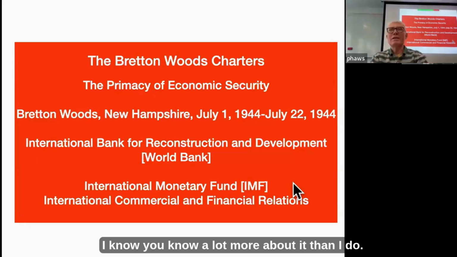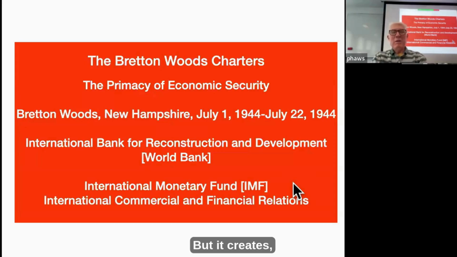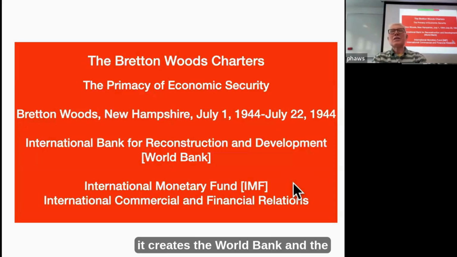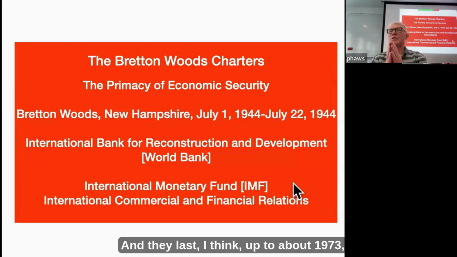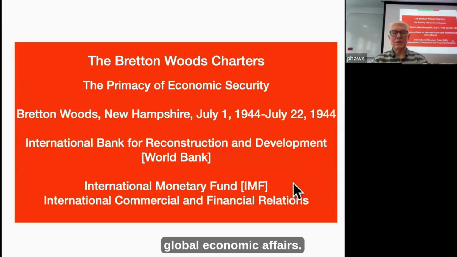But it creates the World Bank and the International Monetary Fund. And these become global sources of economic stability in the years after the Second World War. And they last, I think, up to about 1973, before they stop playing a major role in the conduct of global economic affairs.